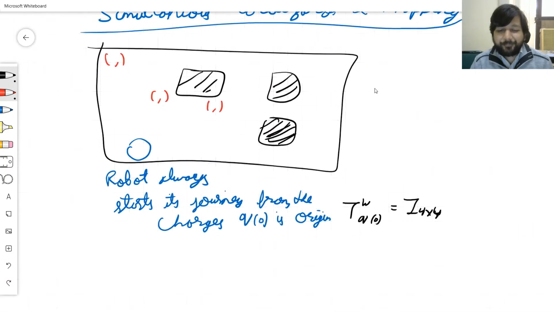So I know these corners in my own frame of reference, and because I know them in my own frame of reference, I also know that I'm at origin. So my frame of reference and world frame of reference are currently exactly the same thing. So that's how I make a map. Let's say this is my map, and my map currently has 3 corners like this. This part of the map is known.